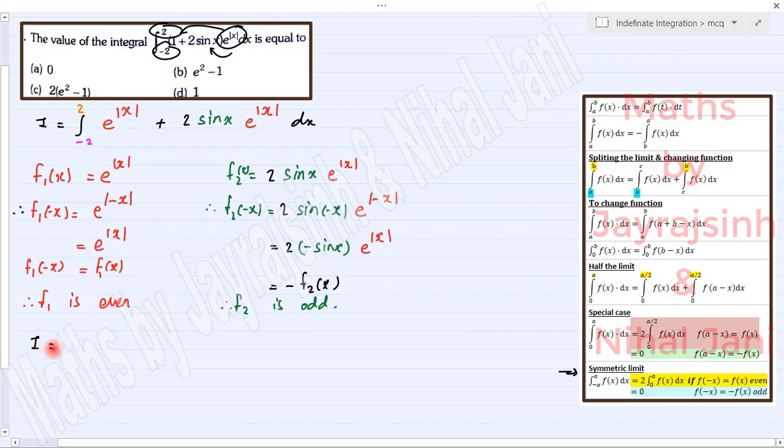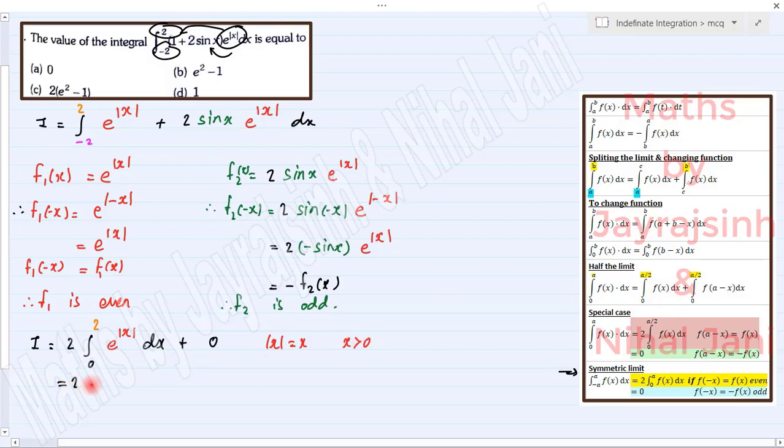So your I will be, for first term, it will become 2 times integration from 0 to 2 e raised to mod x, because it's an even function. And for second term, which is odd one, integration will be 0. So we just have to integrate e raised to mod x, and we know that mod x will be x for x greater than 0.